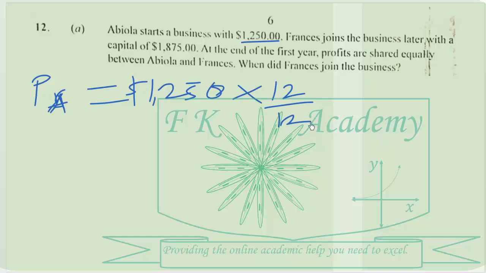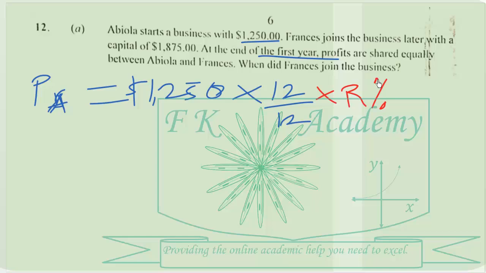So 12 over 12 months is just one year, because that is what was stated here, at the end of the first year. Then times the rate percent. We don't know the rate percent, but let's keep it in the equation.